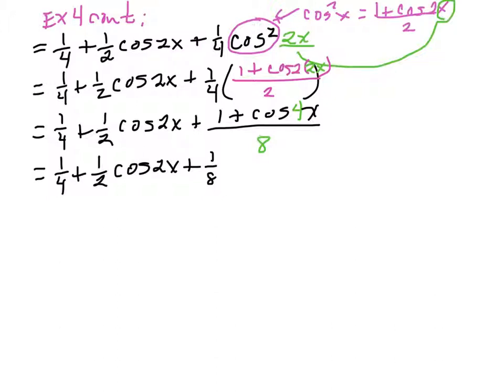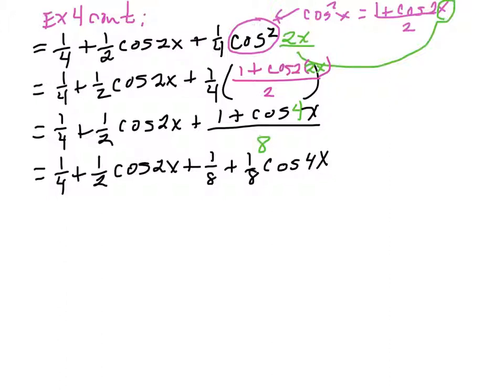And then plus, what's the coefficient of cosine of 4x? 1. So it's 1 divided by 8. So my coefficient is 1/8 times the cosine of 4x. We're not done. Don't pack up.